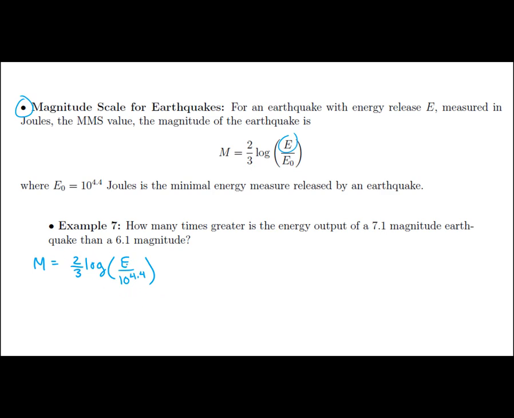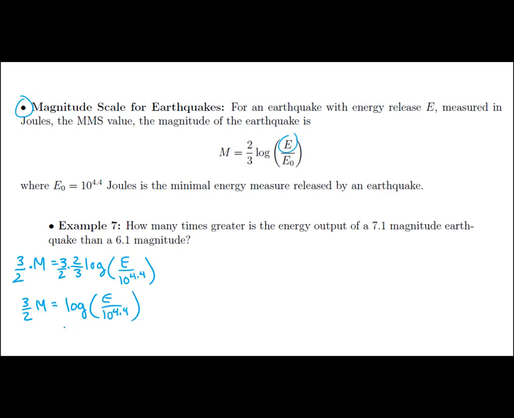To get E by itself, we know how to solve logarithms. We're going to get the logarithm by itself first. So I'm going to multiply by 3/2 on both sides. That gives me 3/2 M is equal to the common log of E over 10 to the 4.4.